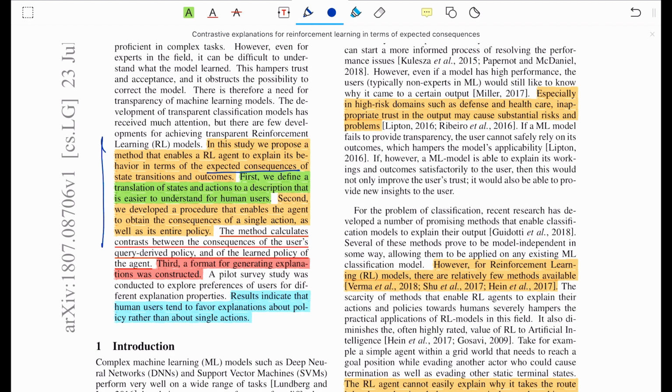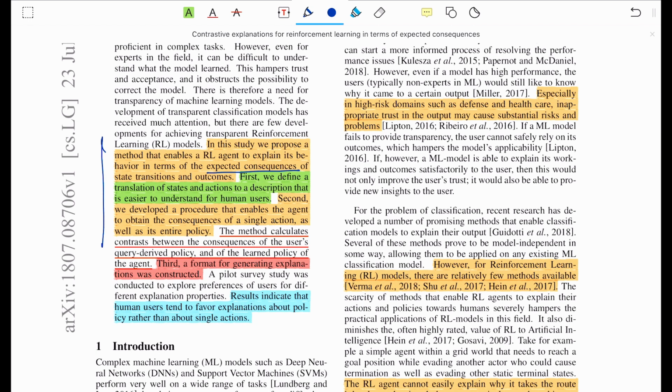Lastly, a very special note about this paper is that they can handle partial plans, like when the query is over a single action or multiple actions in a sequence. So humans are supposed to ask questions and they can query over, hey, why didn't you take left? Or they can query over a sequence of actions like, hey, why didn't you take left? And then why didn't you go right after that?